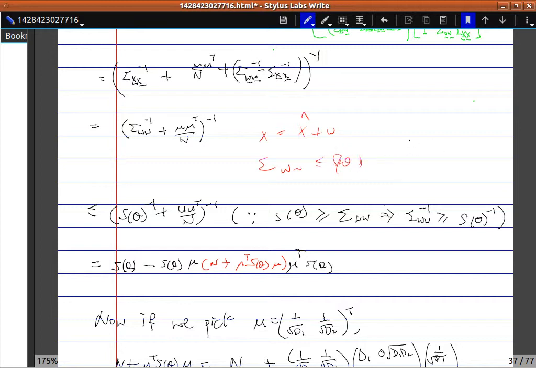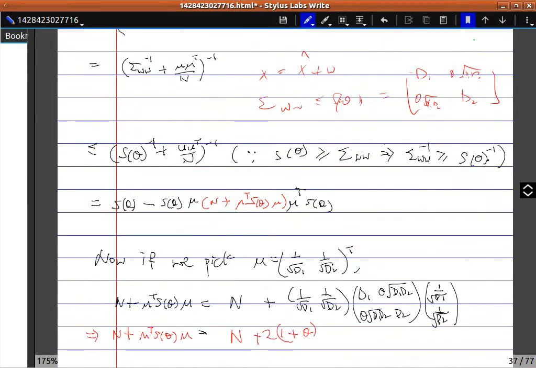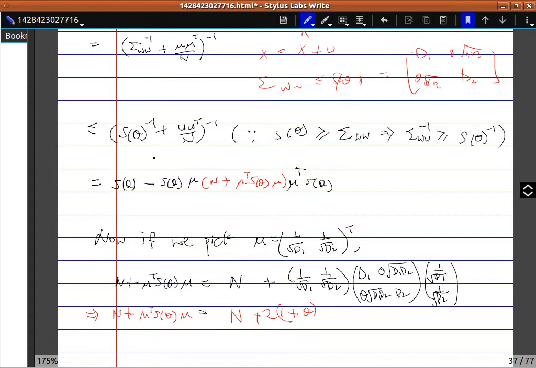That's the original constraint we mentioned, that S theta is something like D1, D2, and theta D1, D2, theta D1, D2. So we can substitute S theta into that, and then we can use the matrix inversion formula again on this, and then we get something like this.